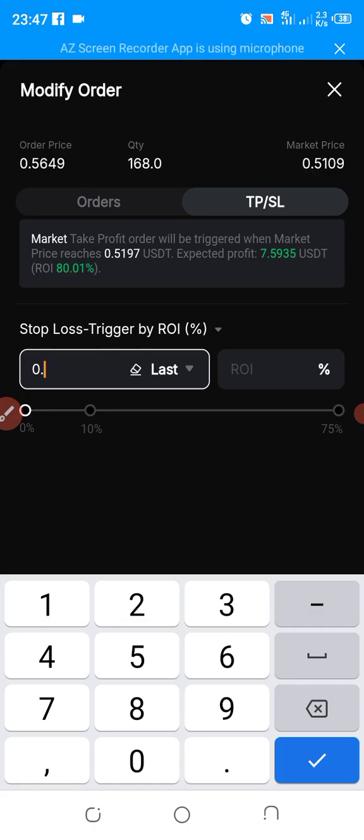Let's say the price was at 0.564 and has gone down to 0.5554. It is selling, it is coming down. So you are going to place your profit above the current price that it is.